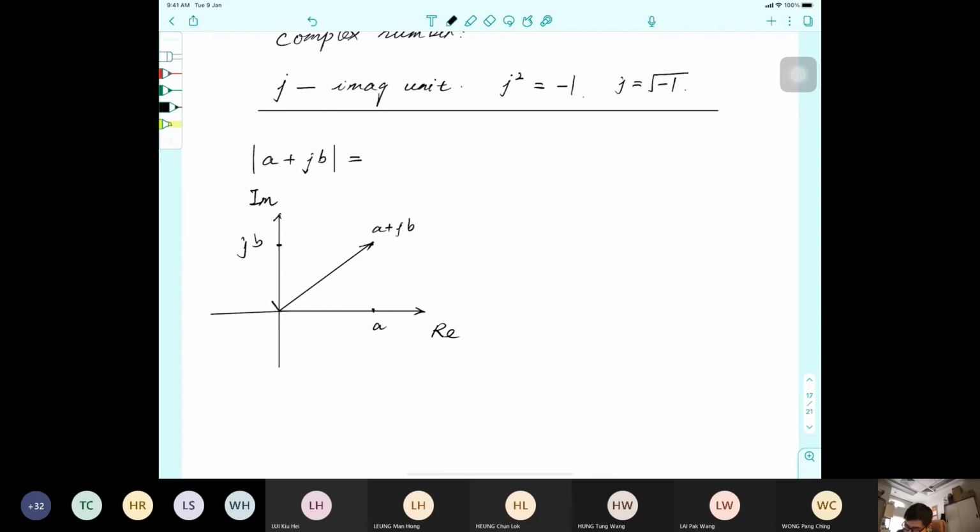So the length of this line we call the magnitude of a plus jb, right? So what does it equal? The square root of a squared plus b squared, right?